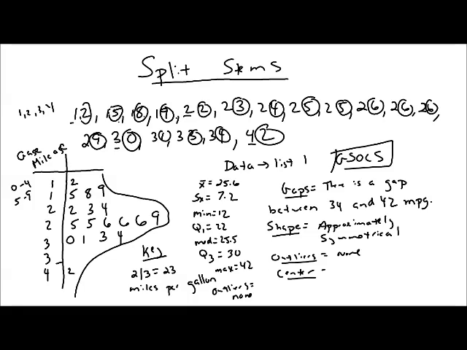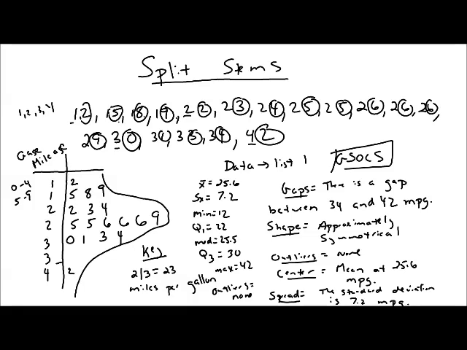Well, that's symmetrical, so our center is a mean at 25.6 miles per gallon, and spread is standard deviation with mean. The standard deviation is 7.2 miles per gallon. Okay, so we got that nice and good there, the split stems.